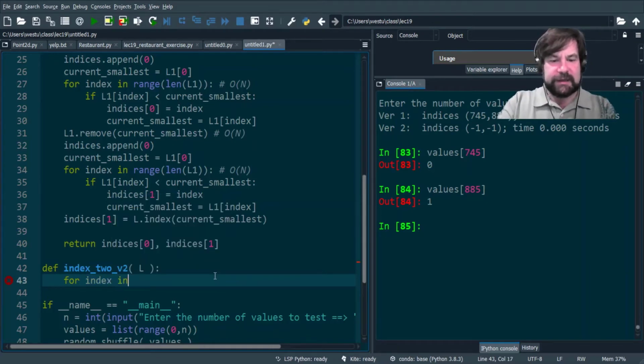We can say for index in, we need L1. So we need to have a list, and this list is going to be our list of tuples.